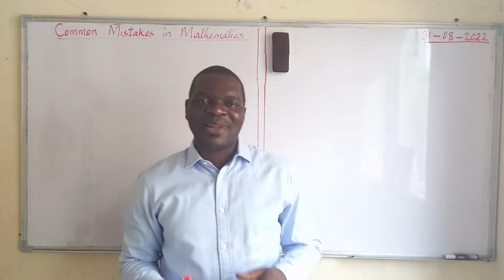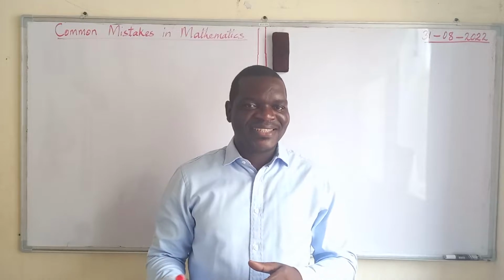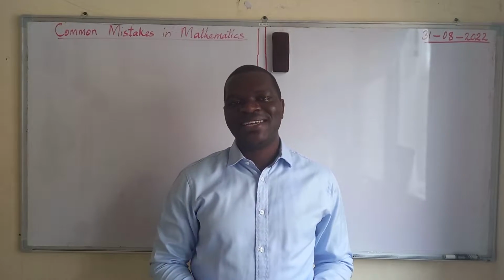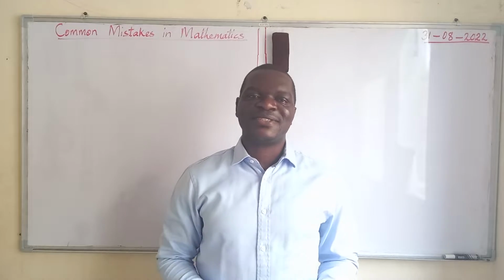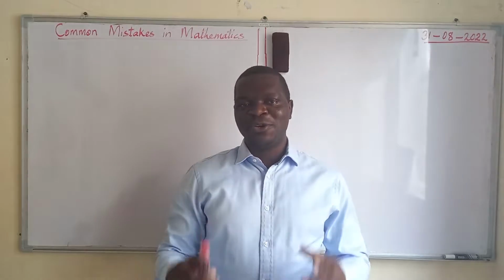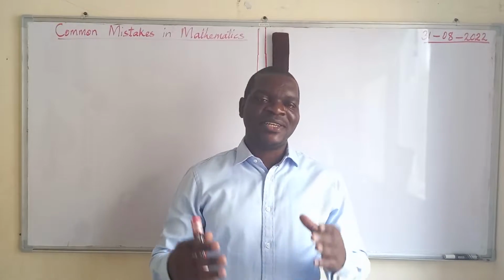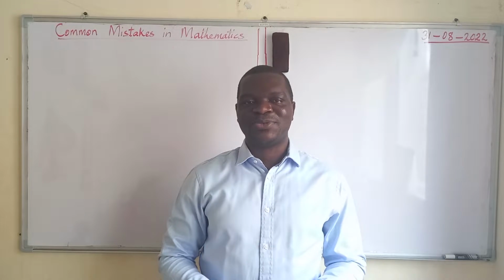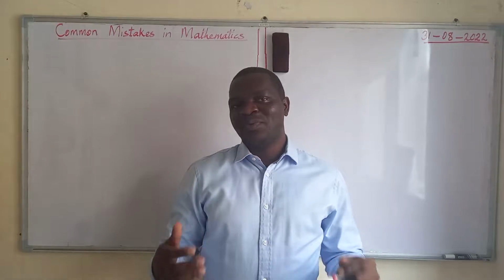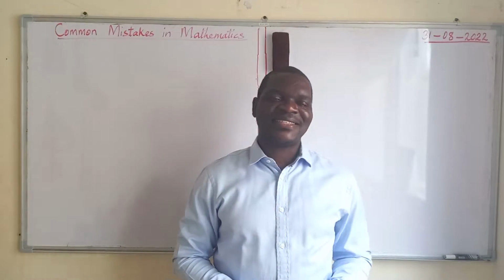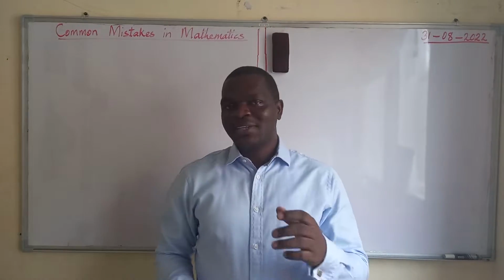This is the platform where we facilitate the understanding of elementary mathematics, and we equally help parents and teachers to be able to guide young learners on elementary mathematical issues. Today, we have something very special, and we'll be looking at common mistakes in mathematics.